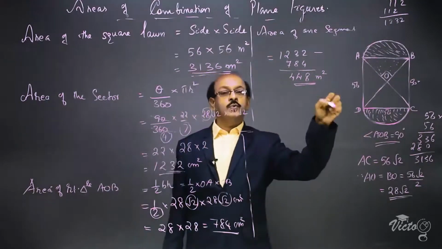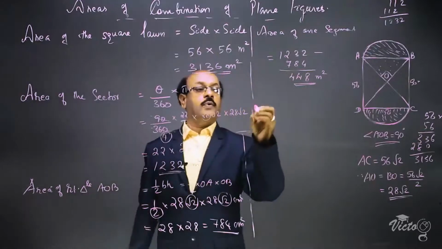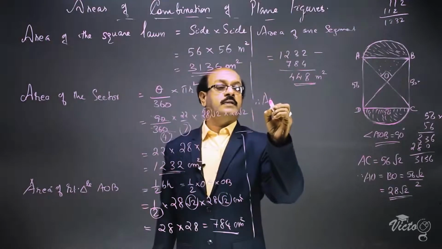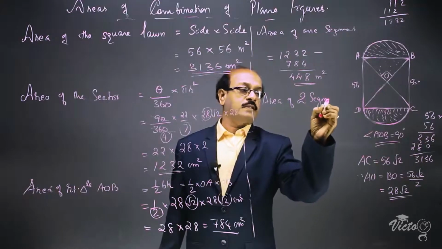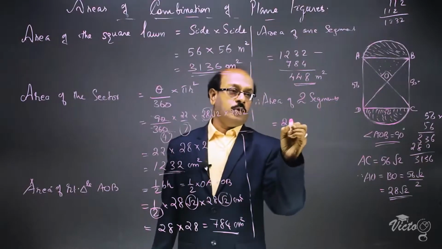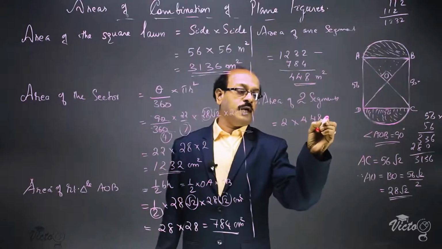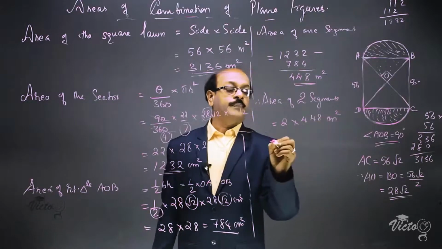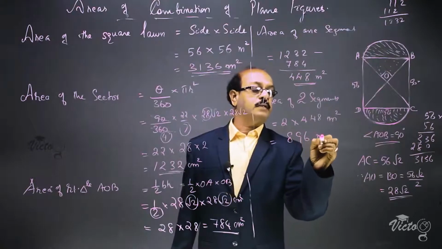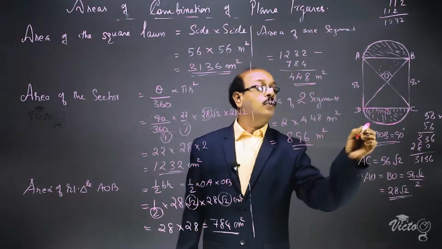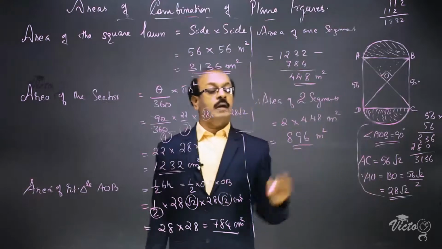We have two segments of the same area, therefore area of two segments is equal to 2 into 448 meter square, which is equal to 896 meter square.